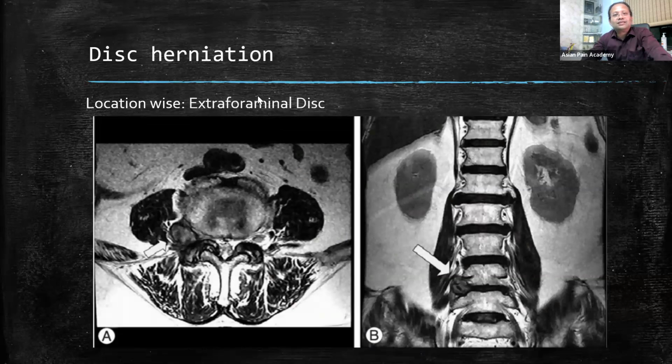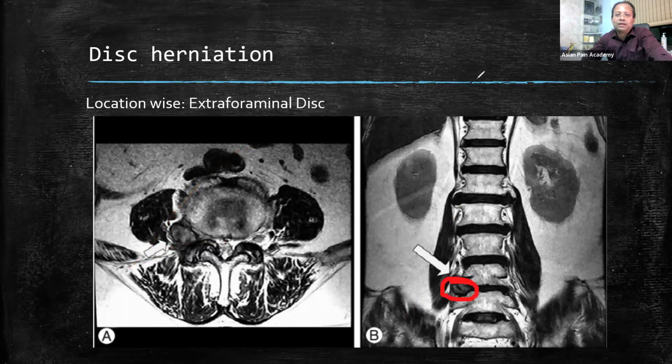Next one is the extraforaminal disc, which is very uncommon, but it can happen. This is the extraforaminal, means it is completely outside the foramen. Sometimes it is not giving pressure to the exiting nerve root here, but to the exiting nerve root from the upper level. Okay, so it can happen. So this is your extraforaminal disc.